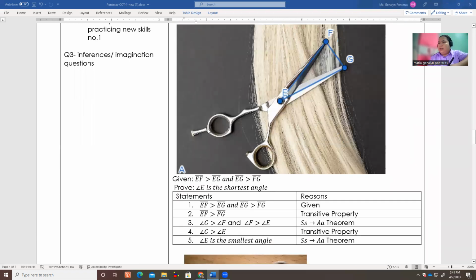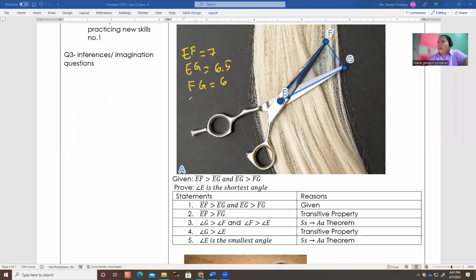Let me annotate. Let's say EF is 7. Kasi kung ganito lang ang ipipresent natin, baka hindi siya ma-visualize agad. And EG is 6.5. And FG, let's say FG is 6.